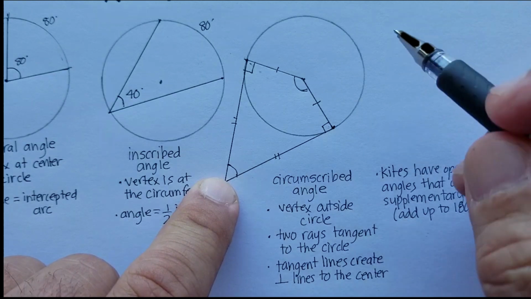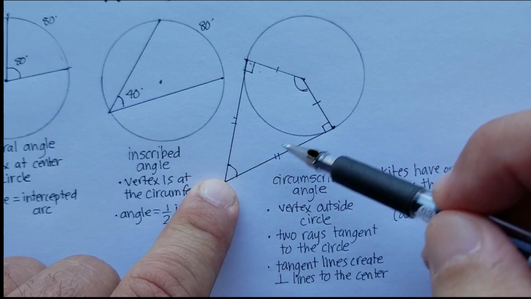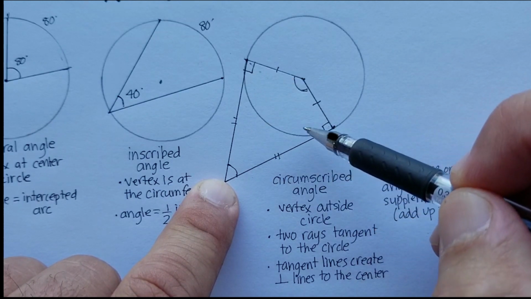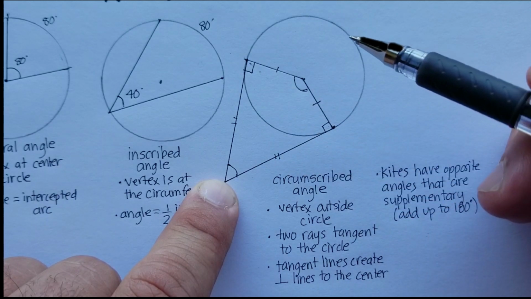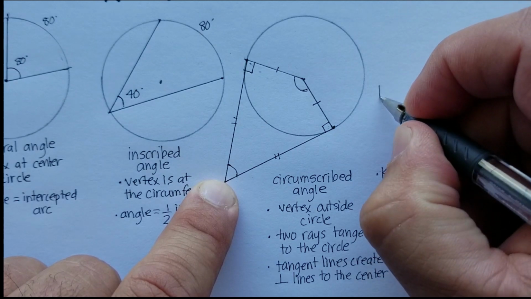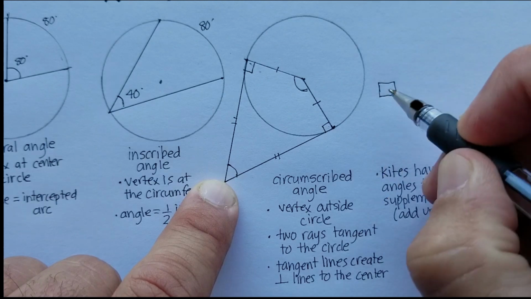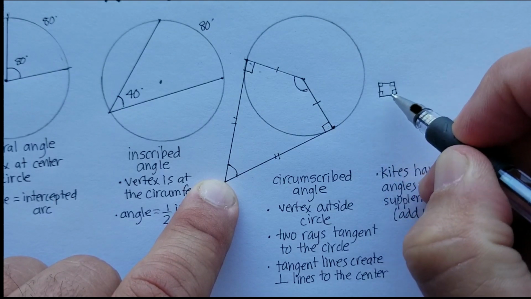Now, why do we know that? We know that because in a quadrilateral, a four-sided figure, there are 360 degrees that make up the internal angles. Remember that? If you want proof of that, just remember that a box or a square has four 90-degree angles.